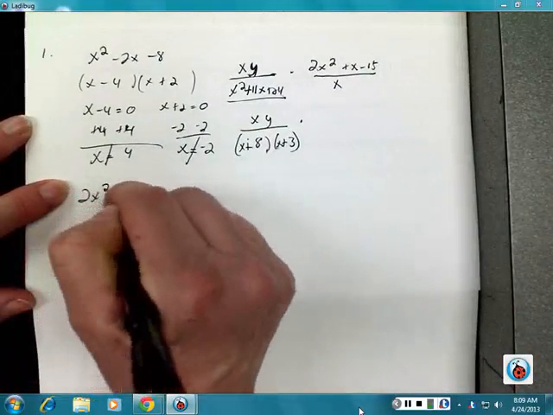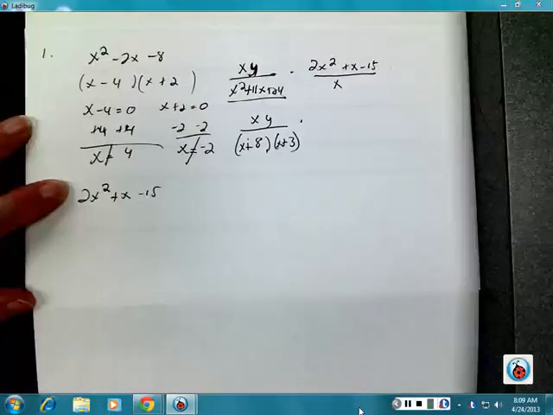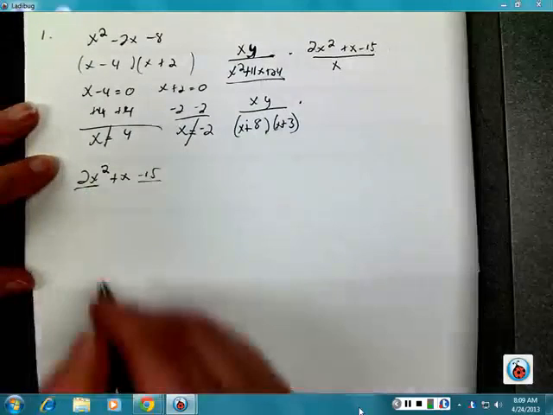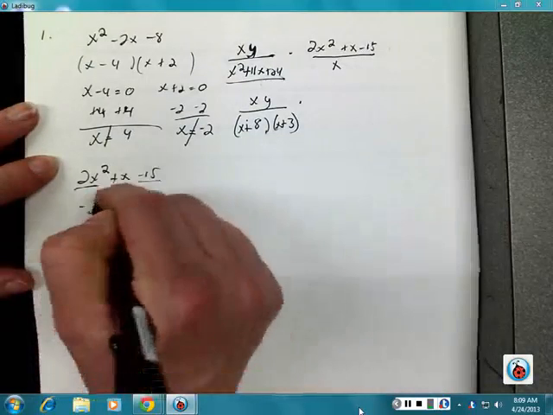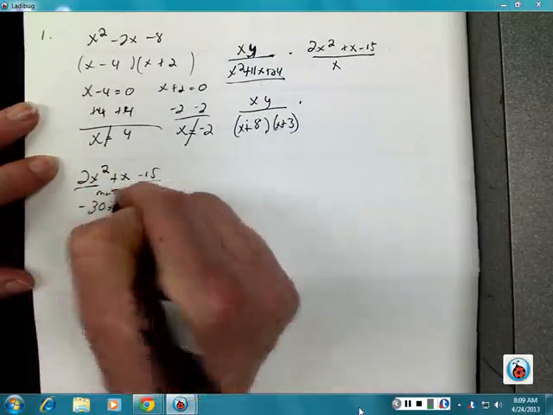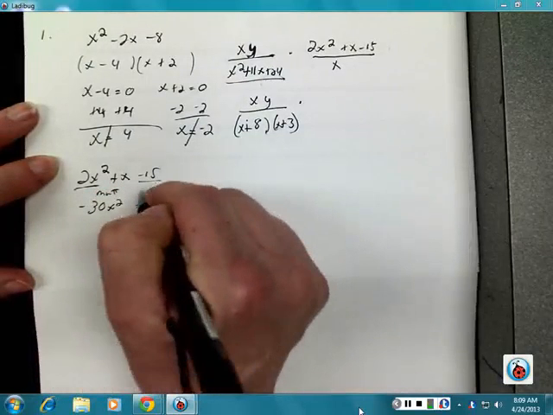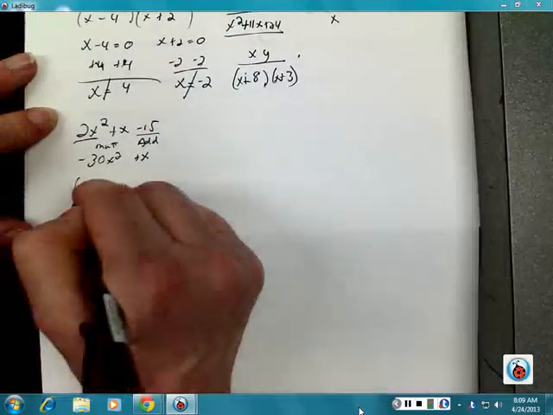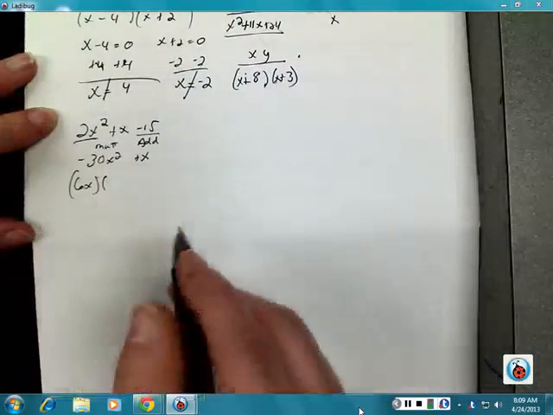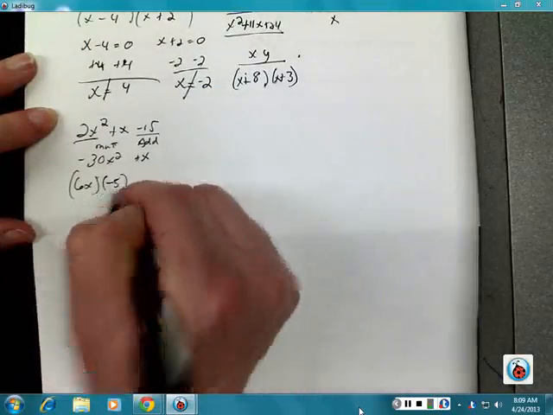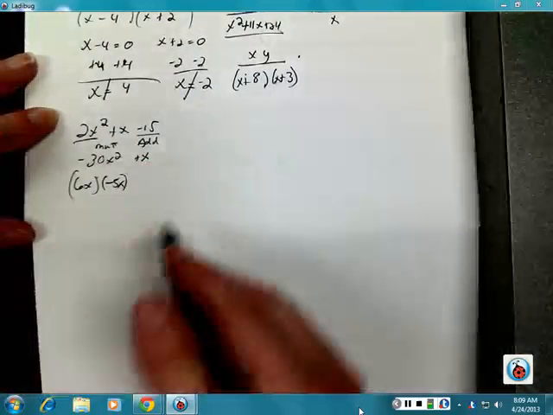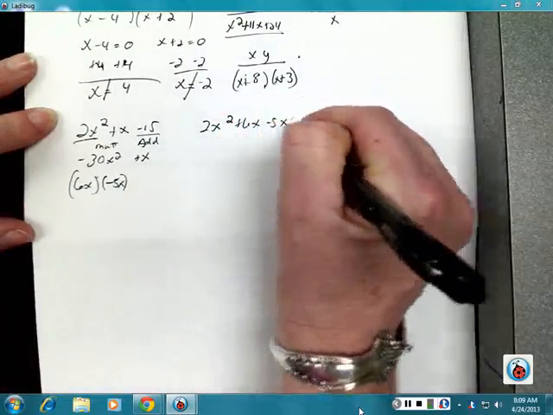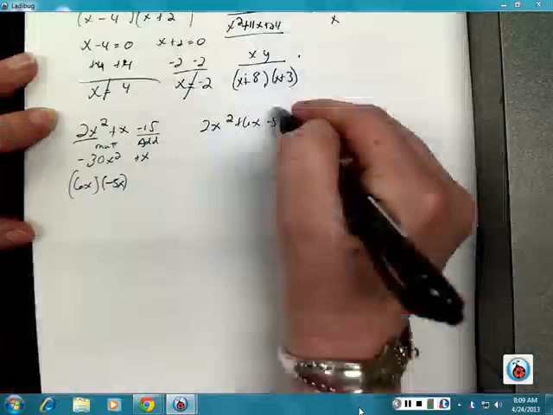2x squared plus x minus 15. And that's where we do that long factoring, first term times second term. Gives me negative 30x squared. But I want it to add to give me a positive 1. Yep. 6x times a, what kind of 5 though? Yep. Negative 5x gives me that. Replace my middle. Group in my 2's.